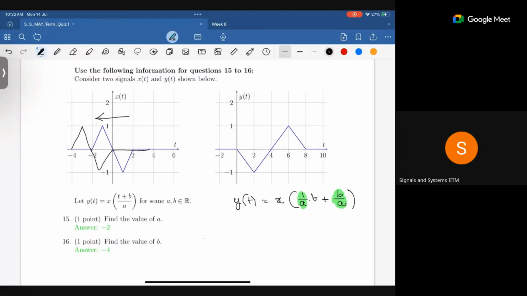Right, so we will scale the signal by 0.5, so you have to stretch it, no? So we'll have y of t to be x of minus 0.5 t plus 2.